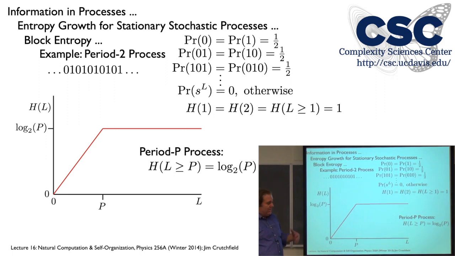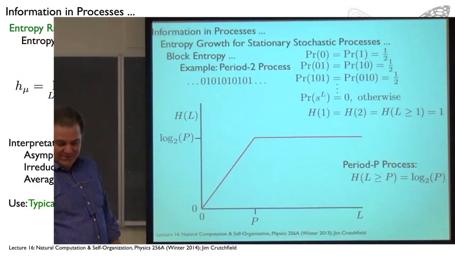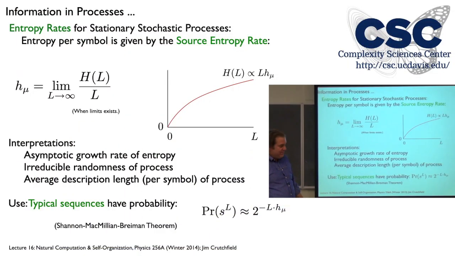But of course, we're interested in the general case, and the general case is much more interesting. So the first thing that we'll look at is the large L limit of the block entropy. Essentially, the growth rate of that.